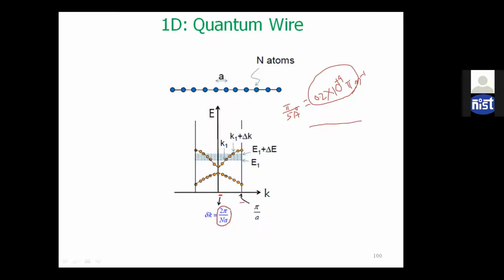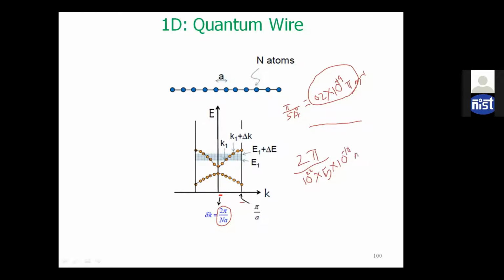Let n, the number of atoms, be of the order of 10 to the power 22, and a be 5 into 10 to the power minus 10 meter.